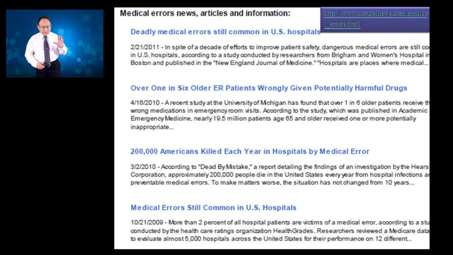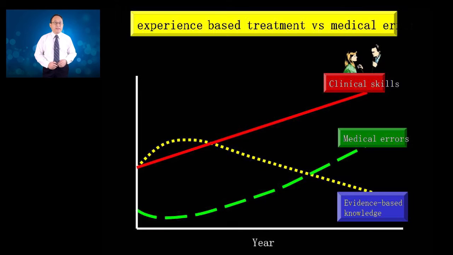Well, it may be easier to show this graph. As you improve your knowledge and your clinical skills, especially those who are senior, they are more skillful than those who are junior.